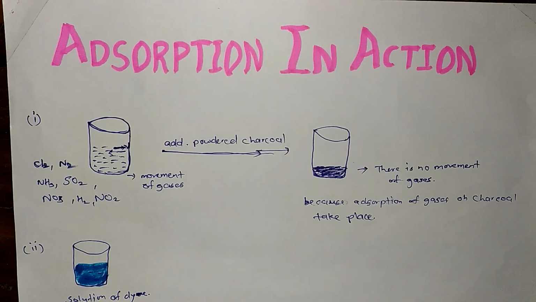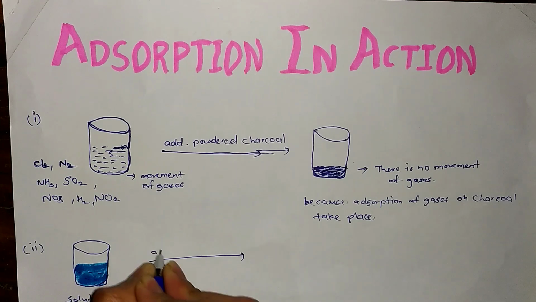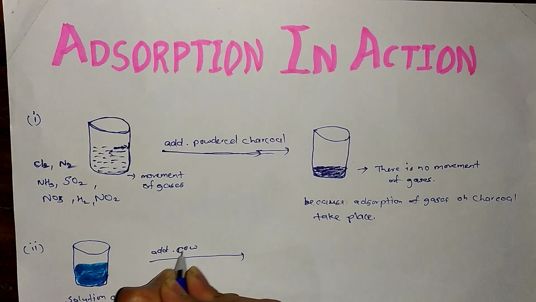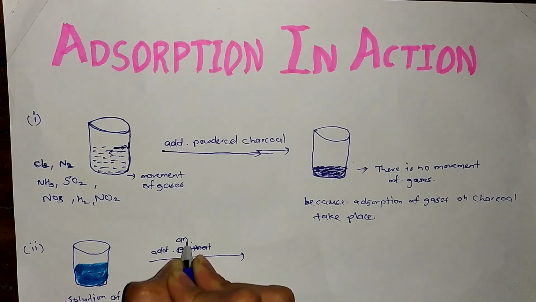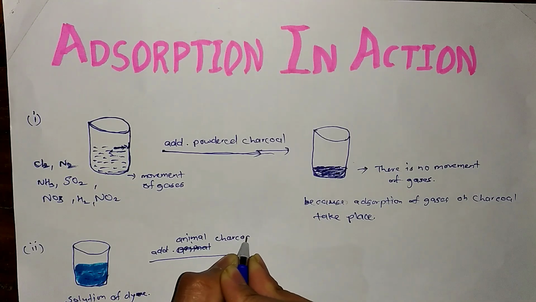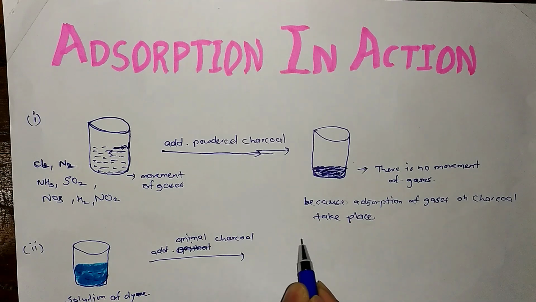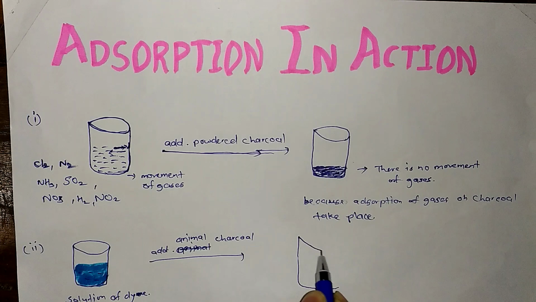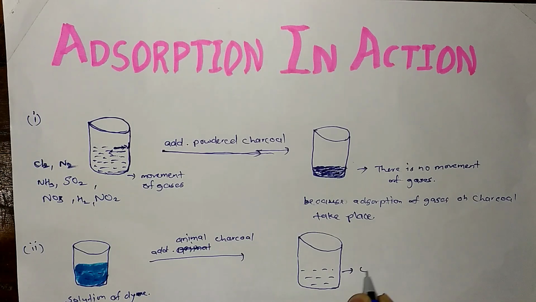If we add powdered animal charcoal to this solution, it becomes colorless. The molecules of dye are adsorbed on the surface of the charcoal, and the solution becomes colorless.